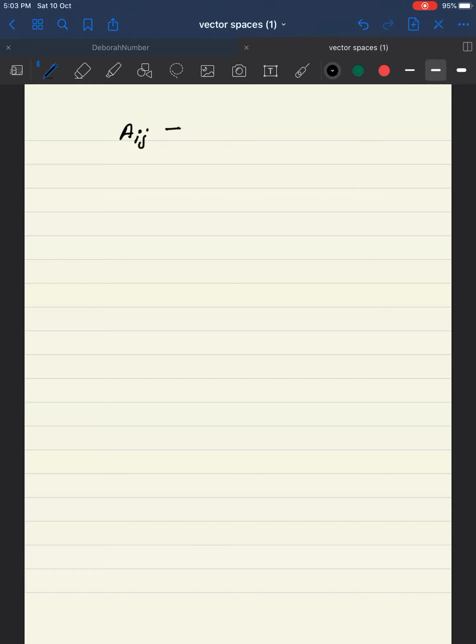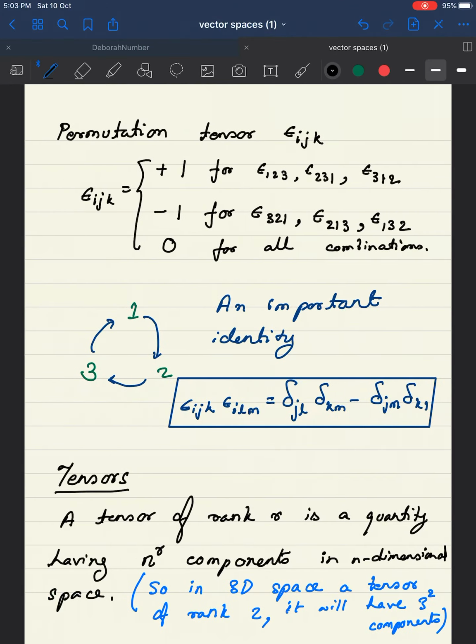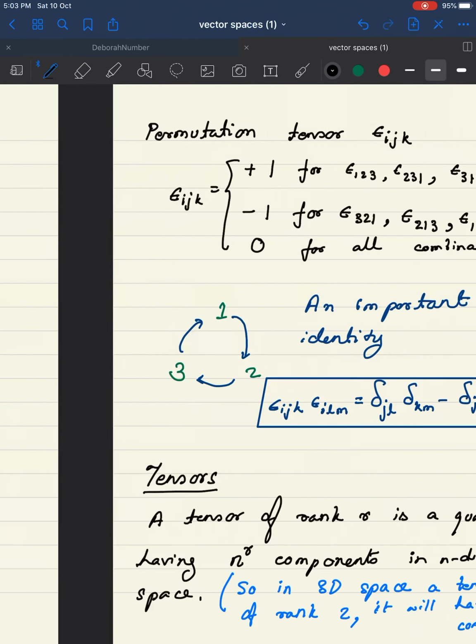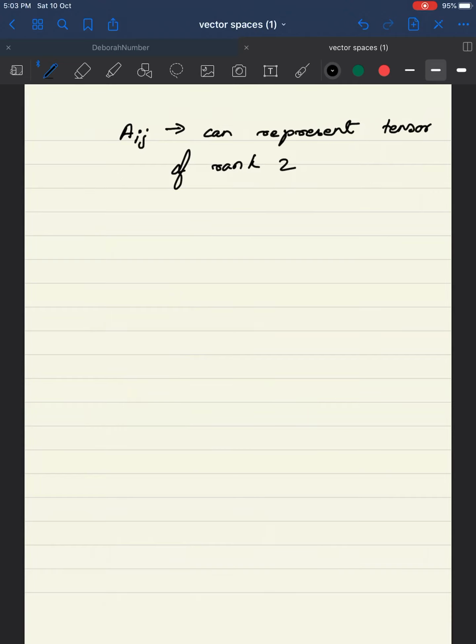So, this can represent a tensor of rank 2, which is why we were spending so much time with all these different indices and index notation, because we are going to be dealing with things like this. And by the way, you can now think of a vector as a tensor of rank 1, and you can think of a scalar as a tensor of rank 0. Okay.